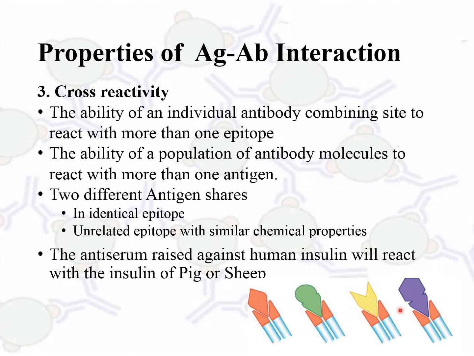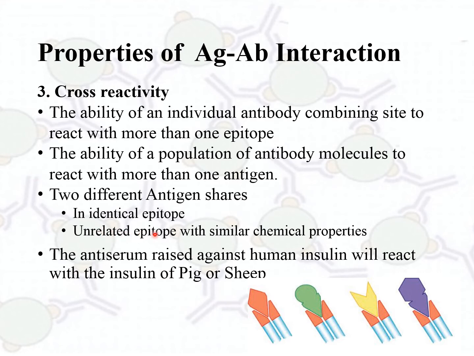This is called multi-specificity. This results when two different antigens share an identical epitope, or in some cases, the antibodies bind to epitopes which are unrelated but have similar chemical properties.